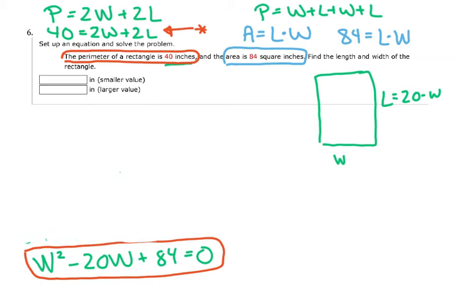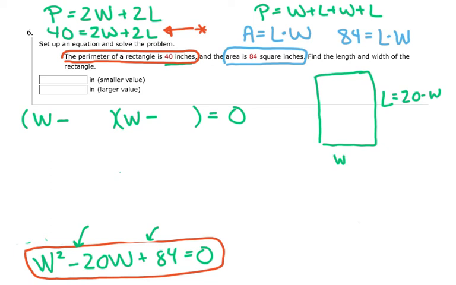So if it factors, we're going to have two factors, right? Both have W and W. Notice that this is negative and this is positive. So we're going to have a minus sign here and a minus sign here. Now, what are we looking for?